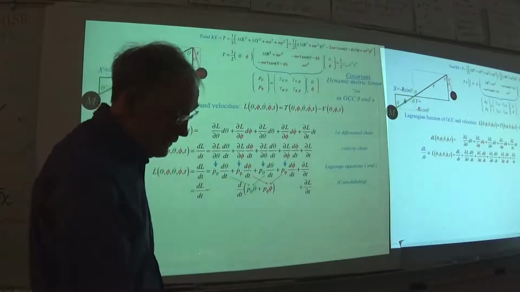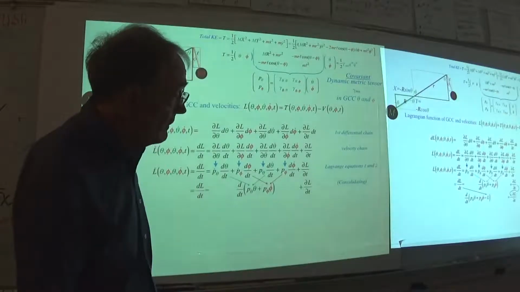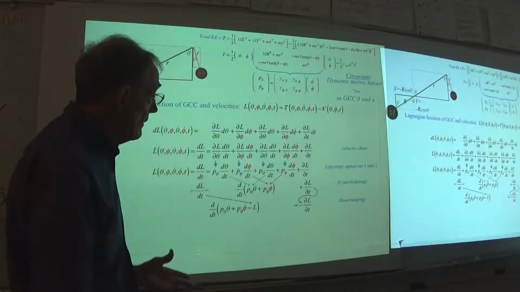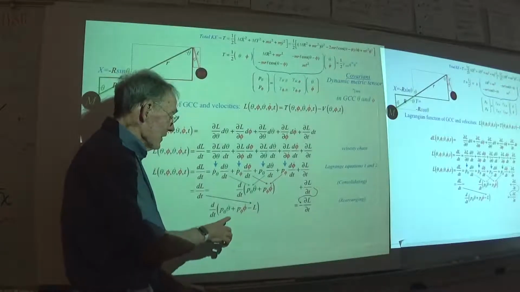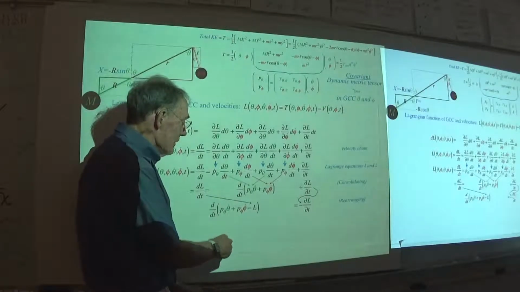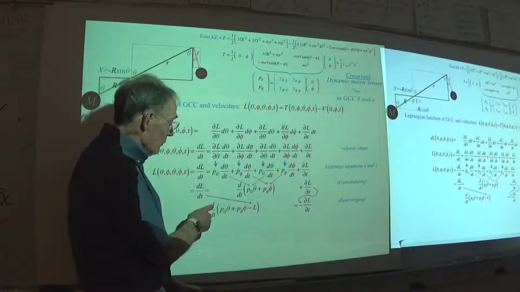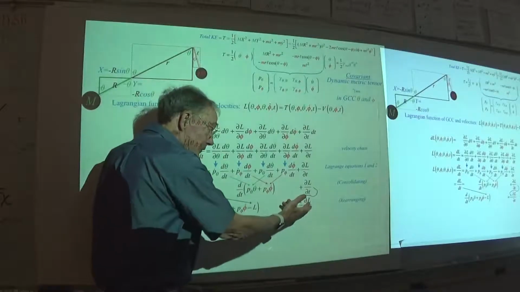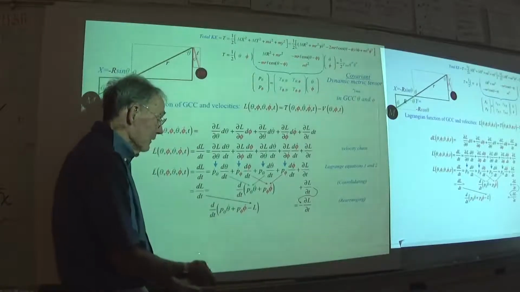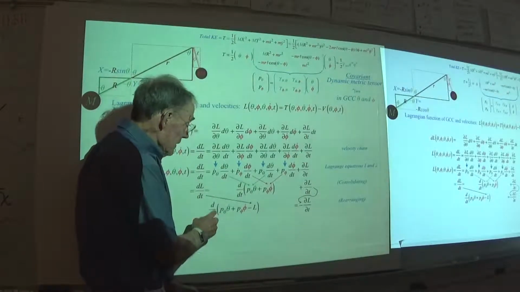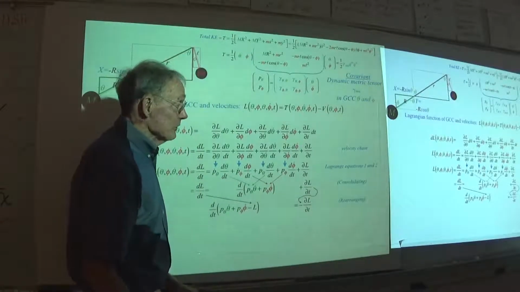So if we consolidate this equation and basically rearrange it a little bit, we come up with an expression for something. That's this little combination here, which you should recognize right away as the Poincare or Legendre transformation sitting right there. That is the thing which will, if we don't have any explicit time dependence in the Lagrangian, be 0, because the partial of L with respect to t would be 0.